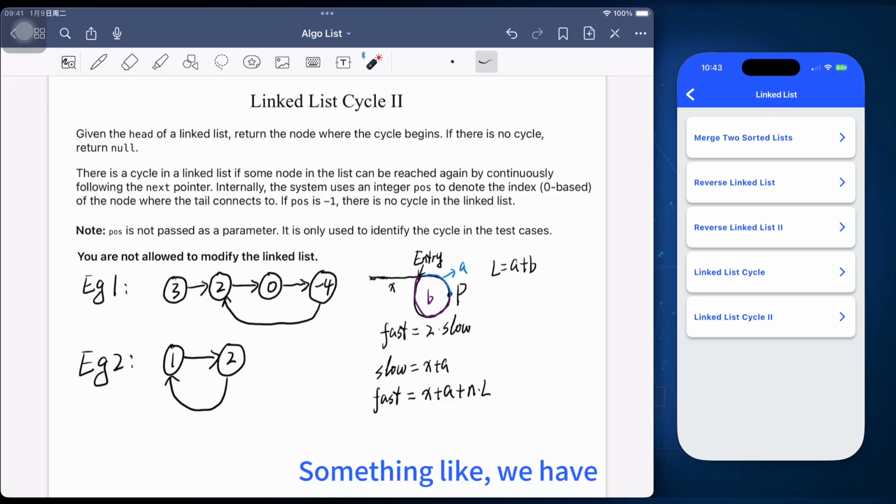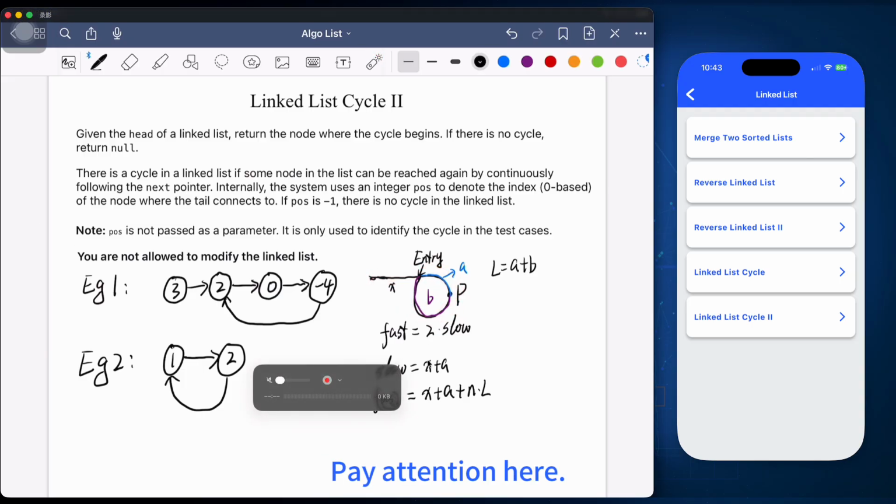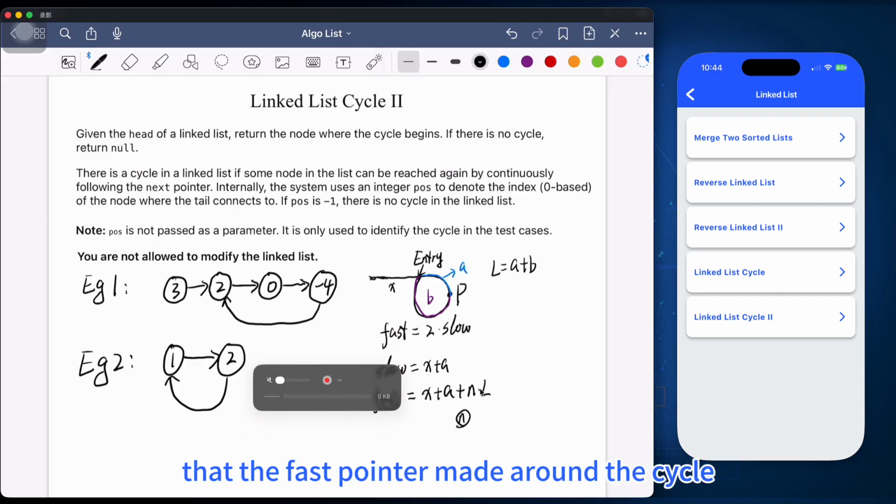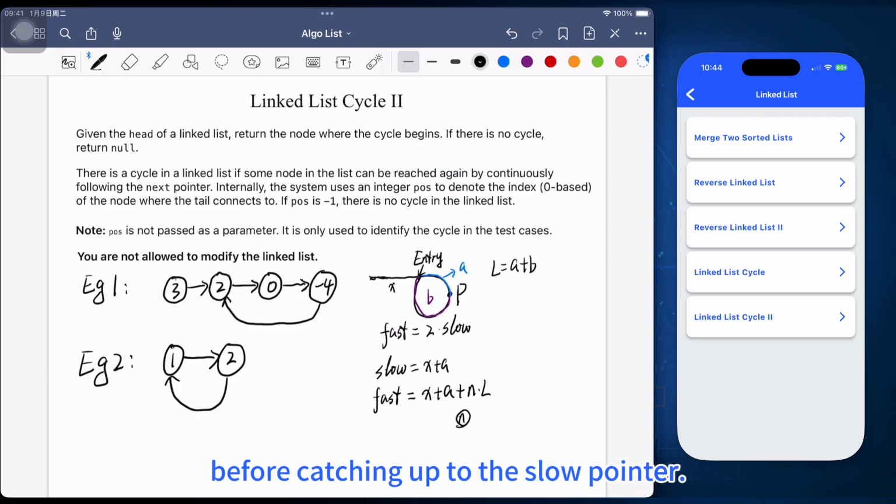So something like we have maybe one lap or multiple laps, and stop back here. That is fast. Pay attention here. The n times L is important. N represents the number of actual laps that the fast pointer made around the circle before it caught up to the slow pointer.